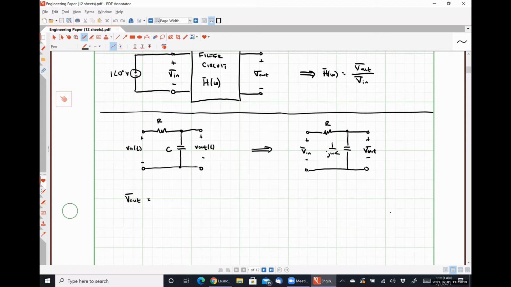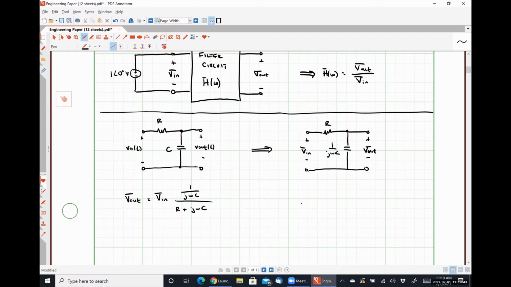All right, so using voltage division, we'll have V out is equal to V in multiplied by 1 over j omega c divided by R plus 1 over j omega c, right? Just good old voltage division, nothing fancy there.